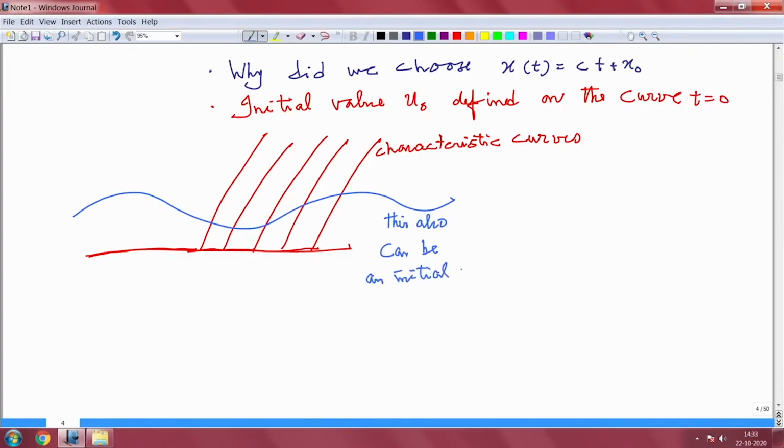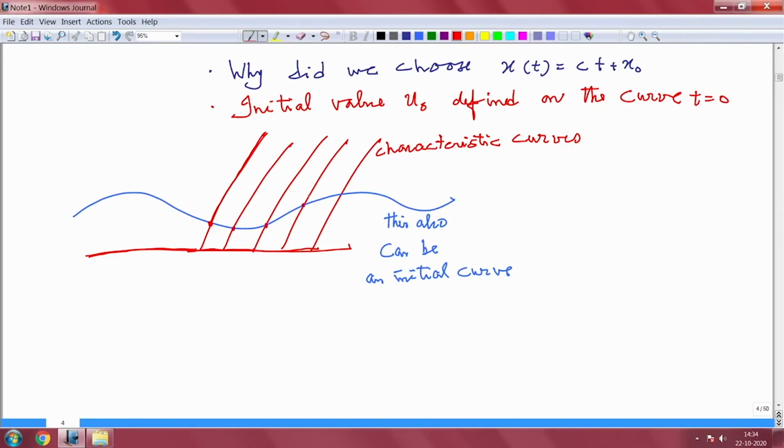Because you know that u is constant along all these lines, if you know the initial value at this point, I can determine the value along that curve. Similarly, if I know initial values at that point.